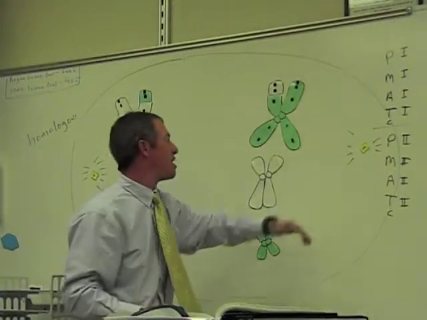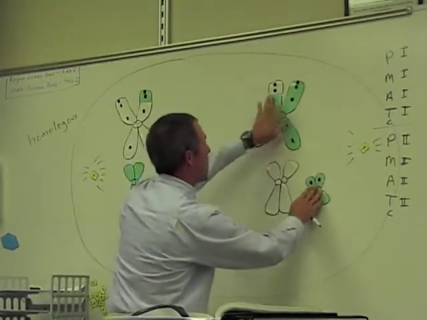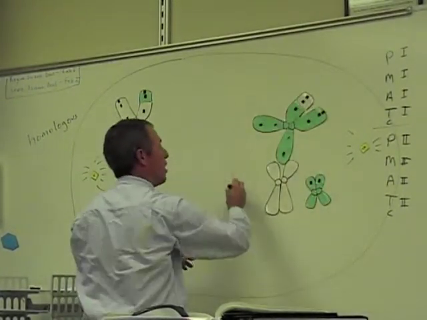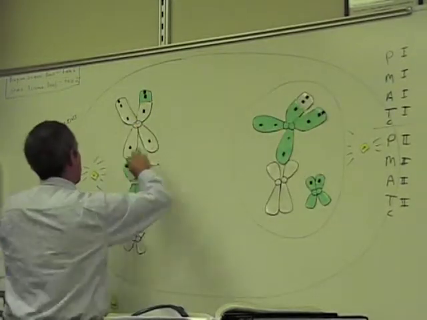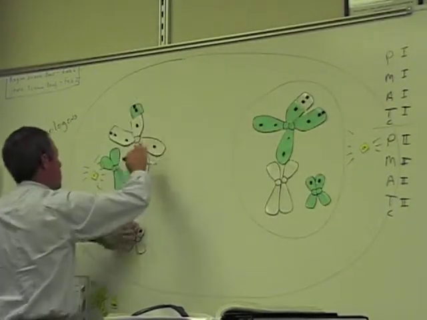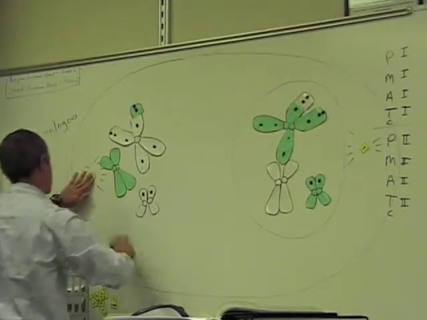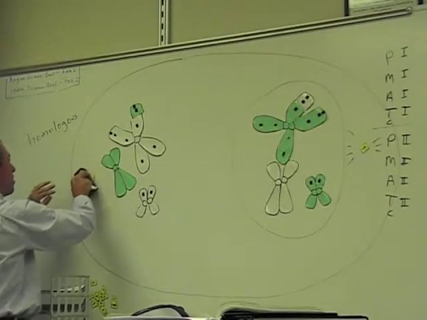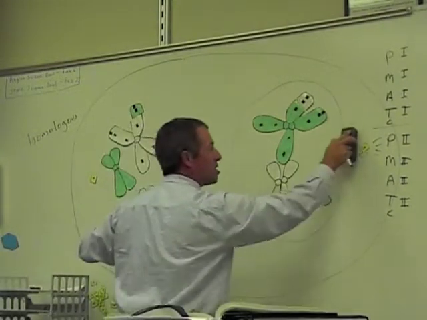And then telophase 1, it's the same as before, basically. A new nucleus forms on either side. Spindle fibers disappear, just as before.